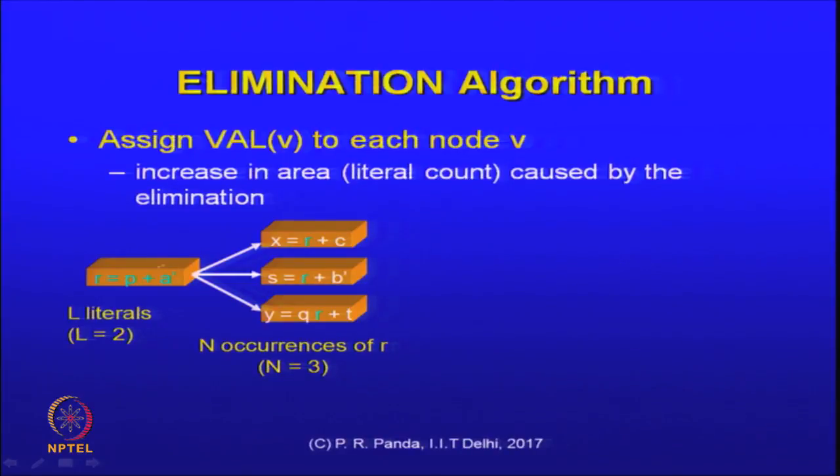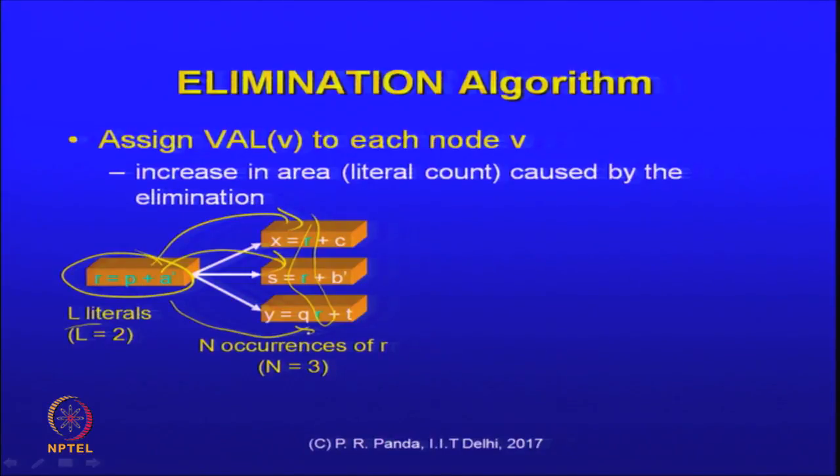So if I have one node, let us compute the cost of the elimination in terms of number of literals. I have one node with L literals, and there are n occurrences of R in different nodes. Those are the sites where we could perform this inlining. If we eliminate the R from all of these, then that would lead to this p plus a prime getting duplicated into all of these.